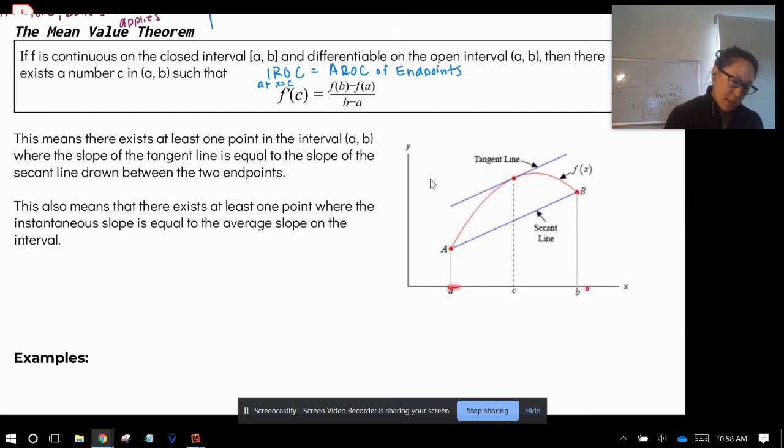If I take the average rate of change between a and b, and the function is continuous and differentiable, so it doesn't have any sharp turns or undefined points, then somewhere along this curve, the tangent line slope is going to equal the secant line slope. Another way to say this is that there's somewhere where the tangent slope will equal the secant slope. All right, let's do some examples.